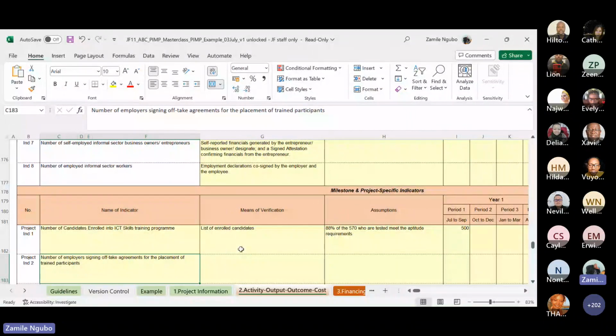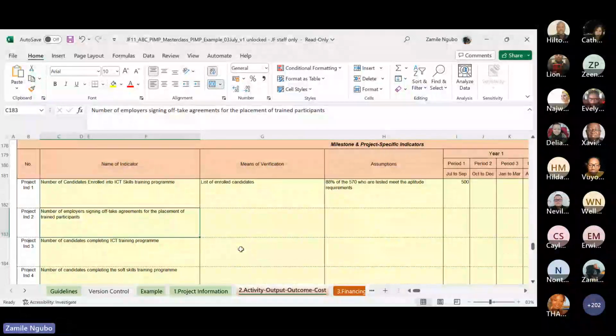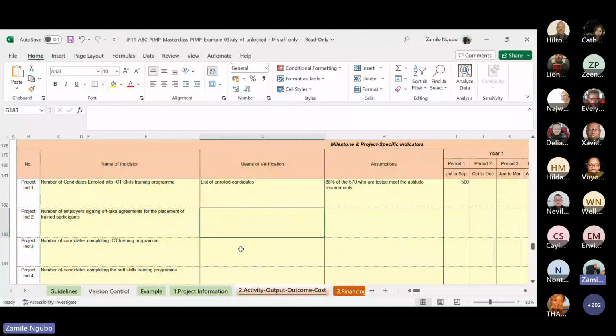So the project has partnered with employers. When they partner with employers, the means of verification for that will be the signed employment agreements, or the signed placement agreements.